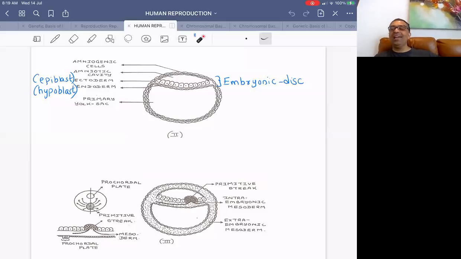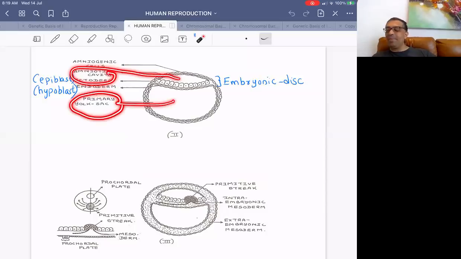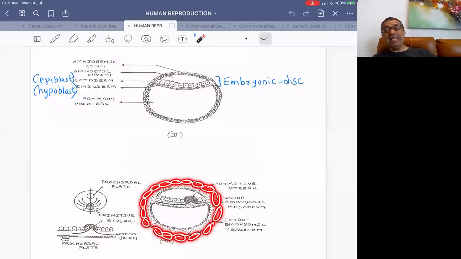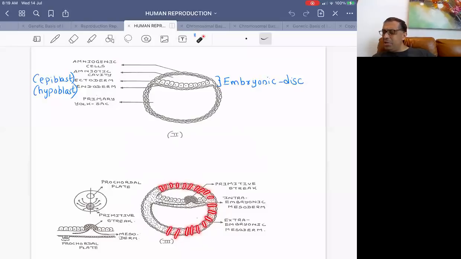Now comes the main challenge, mesoderm. तो ऊपर amniotic cavity आ गई, नीचे primary yolk sac आ गया, and now आपके जो ये trophoblast cells है, the trophoblast cells everywhere start undergoing rapid cell division. और trophoblast cells rapidly divide करते हैं and they form a continuous collection of cells inside and form a layer, and that layer is called as the mesoderm.